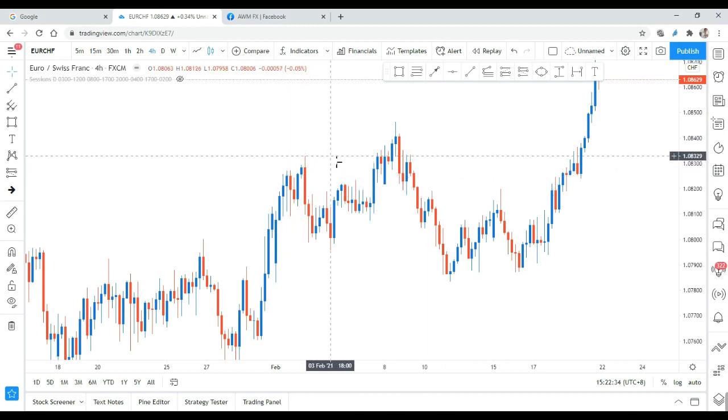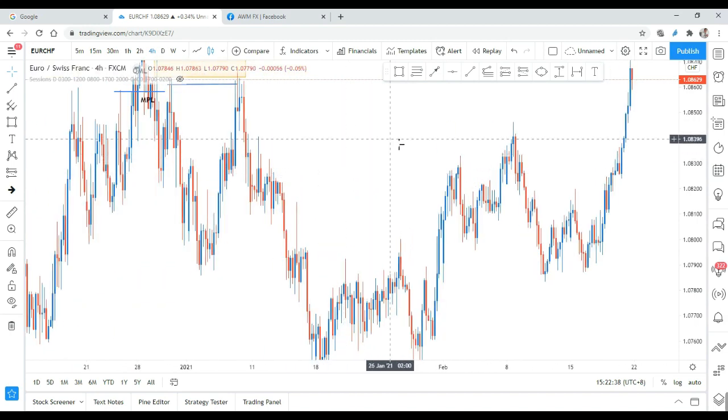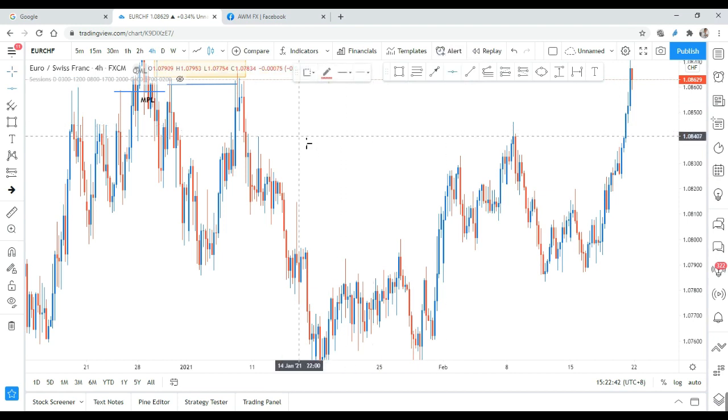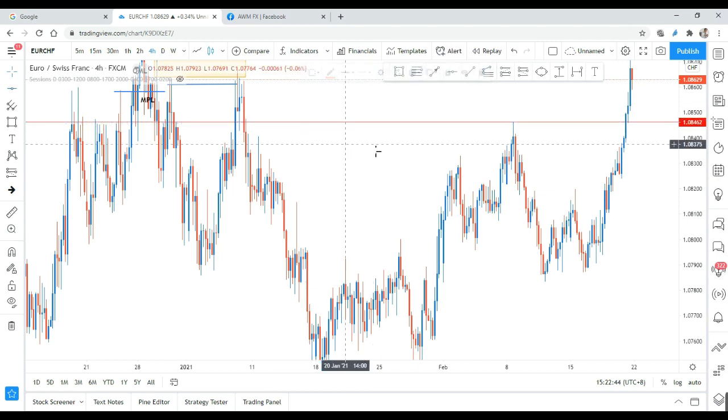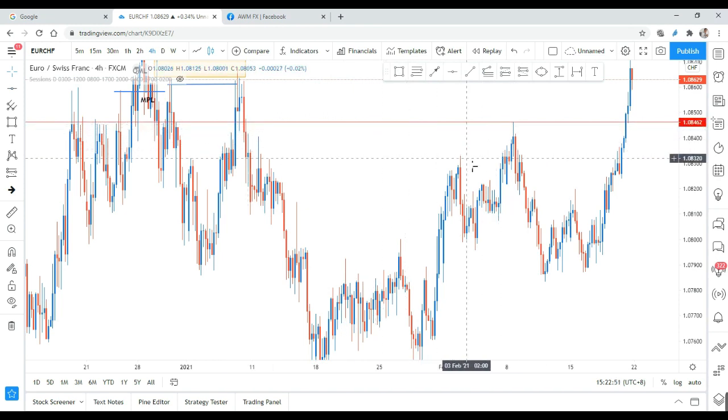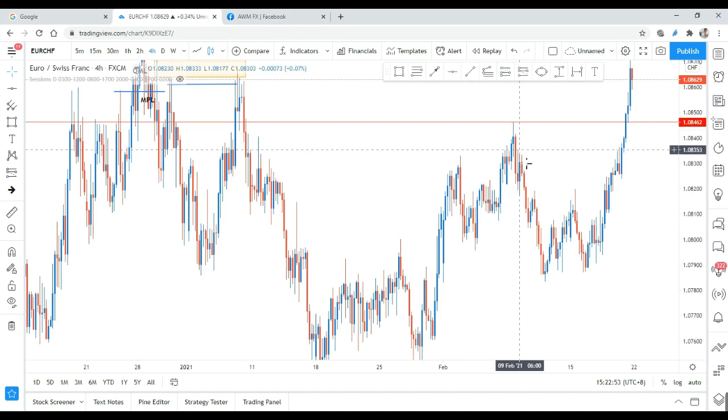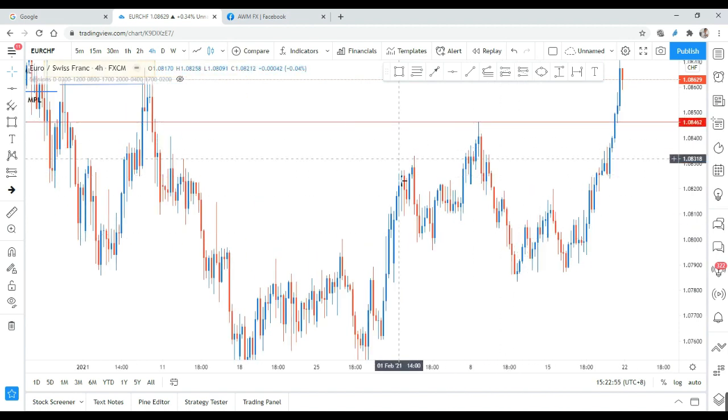So it means that the risk is very high. All right, not only that, if you look at it properly, we put a horizontal line. It collides with another resistance over here, right? The head of it. So this is a very, very high chance diamond setup. Diamond setup is a failed QML.